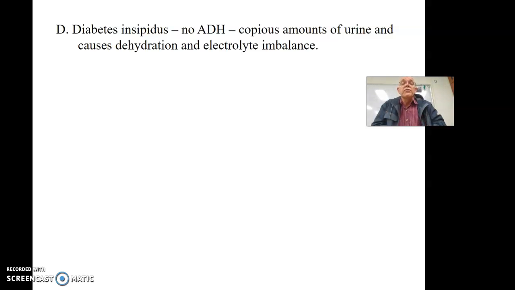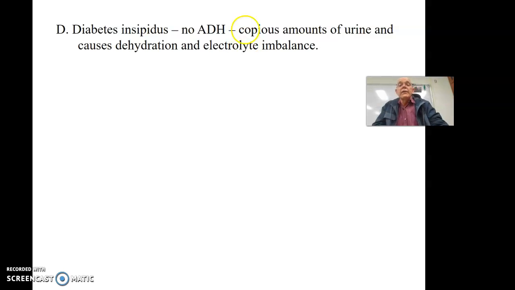In this case, you have so much urine because your body is not making the ADH, or anti-diuretic. So you're just putting lots and lots of water into your urine. You're losing so much water that you're going to be dehydrated. You may get low on electrolytes because so much of the electrolytes like sodium, calcium, and potassium are going out in your urine. So that's getting out of whack. It can cause a lot of problems, okay?